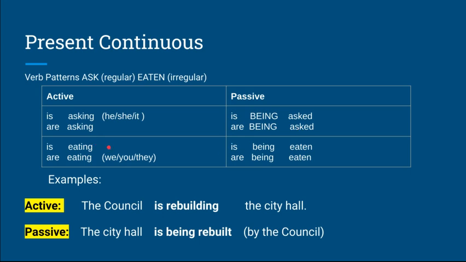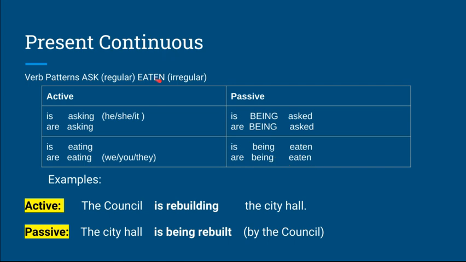For the verb to eat, is eating is singular, are eating is plural. We, you, and they. Here, the infinitive is eat. All right. And the passive is being eaten and are being eaten.